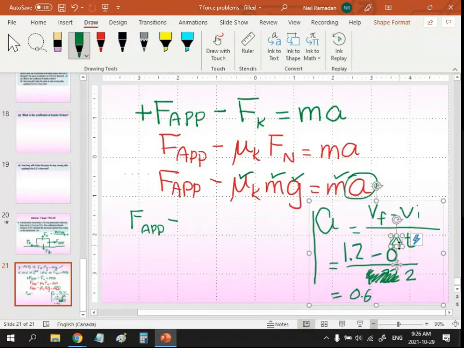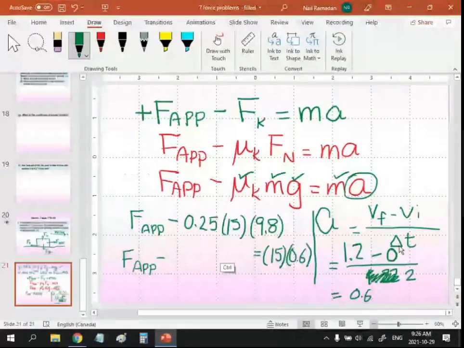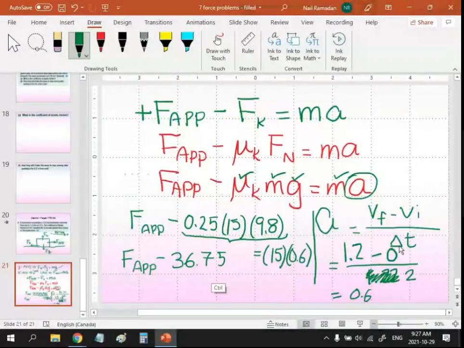Doesn't matter. You should get the same answer either way. So minus what? I believe it was 0.25. What was the mass? 15. 9.8 equals what? Done. So it's F applied.